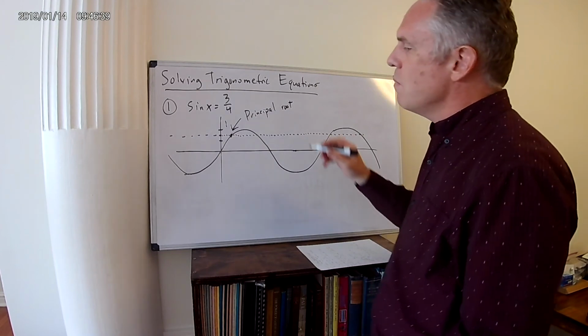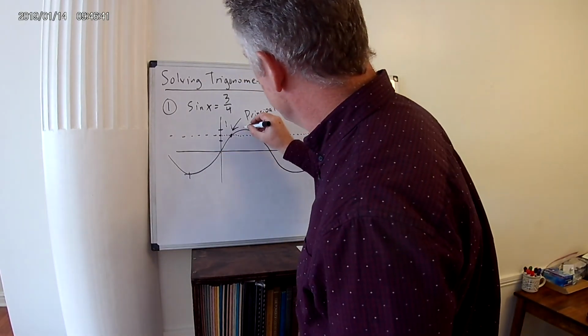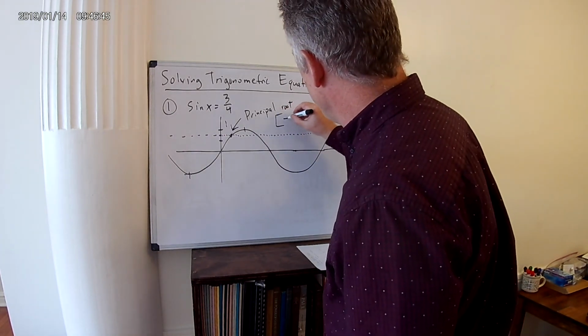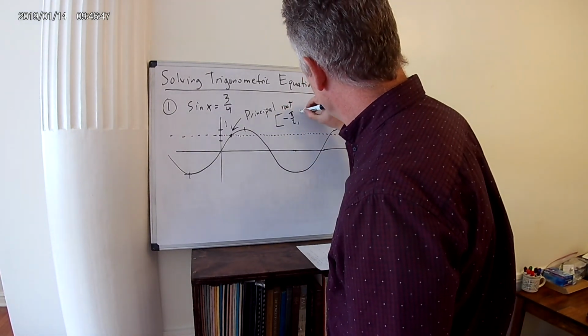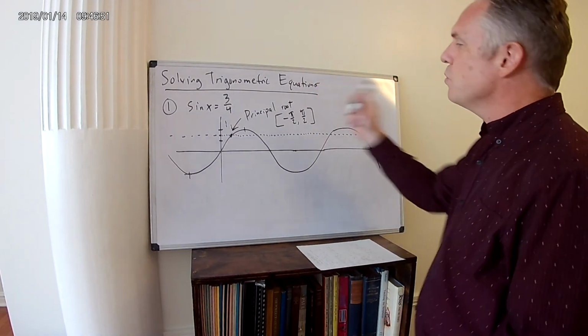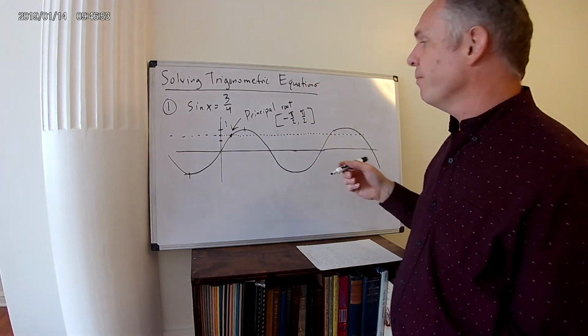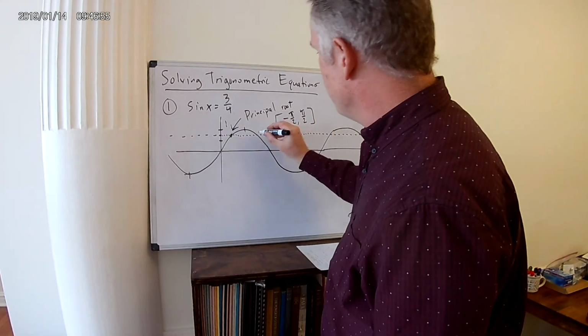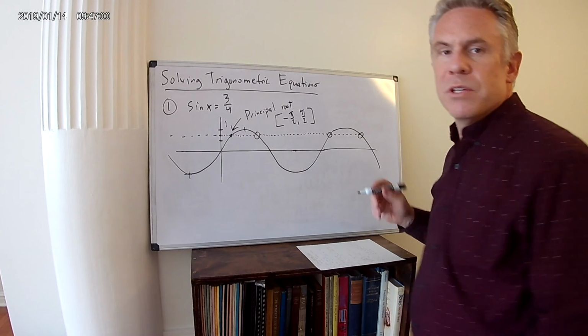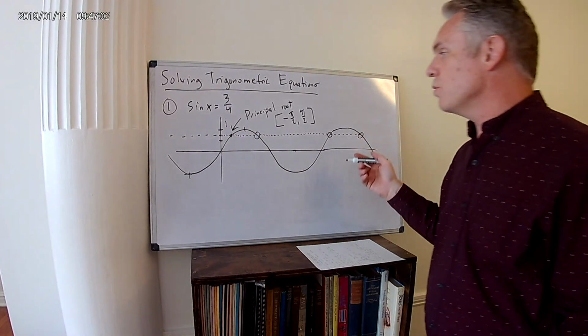If you remember when we talked about inverse functions, we limited the domain of sine of x to the region minus pi over 2 to pi over 2. So principal roots are roots that are within this limited domain. This is our principal root, and I'm going to indicate the others with open circles. We have an infinite number of other roots.